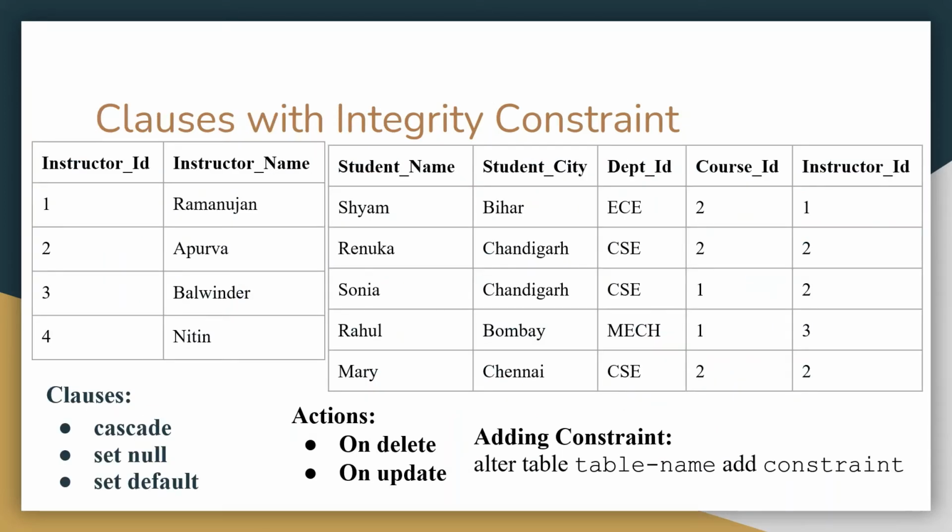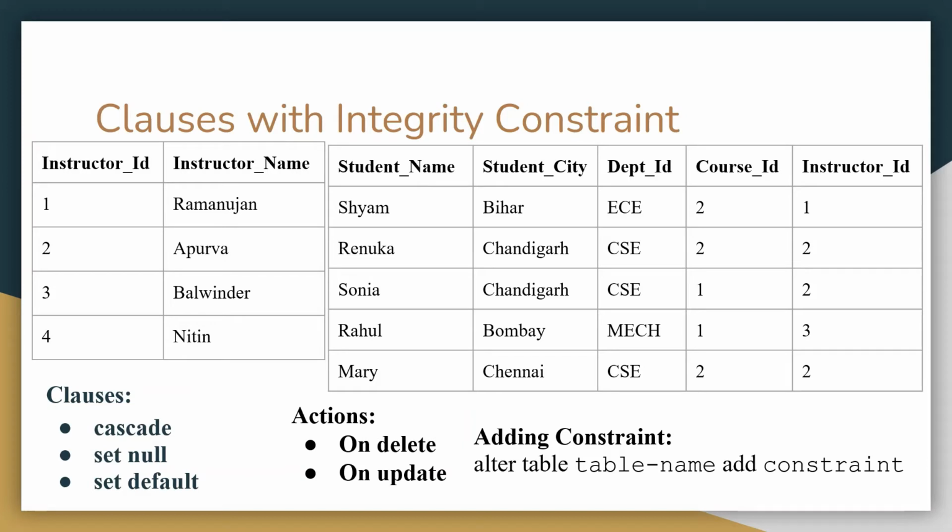Okay, now let's go into deeper details of integrity constraints. We've already studied the different integrity constraints, but we also have some clauses which refer to actions which we perform using those integrity constraints on the database.